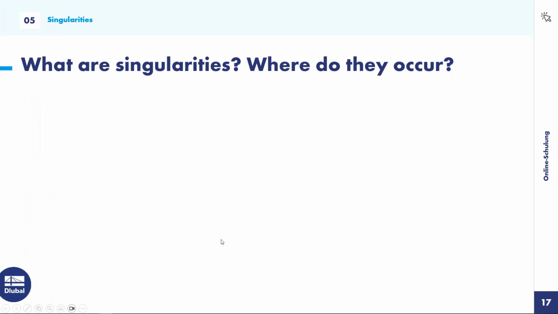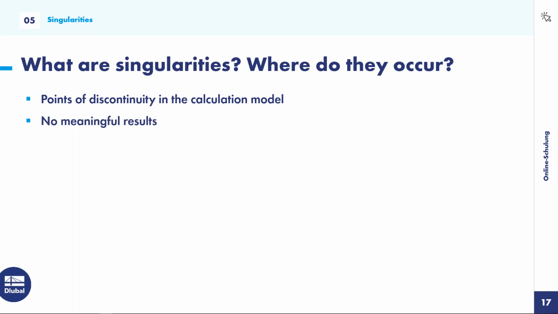And now we switch to this topic, which I really need to address, these nasty little things called singularities. Where do they occur? Singularities are points of discontinuity in a calculation model. What does this mean?